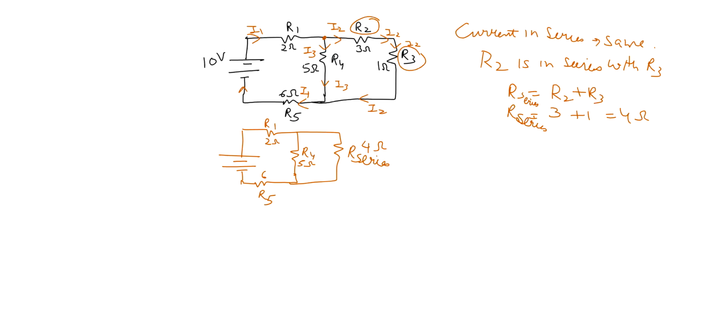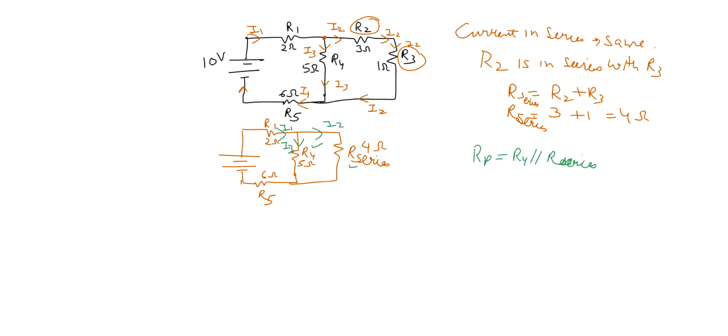Now, if you see this circuit here, you will find that R4 and R series are in parallel, because I1 current was here, I3 was here, and on this side I2 current was flowing. So R parallel will be the combination of R4 parallel to R series.